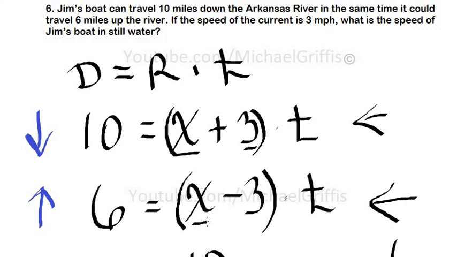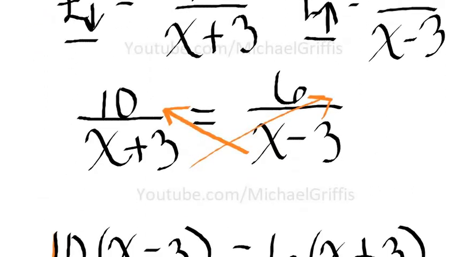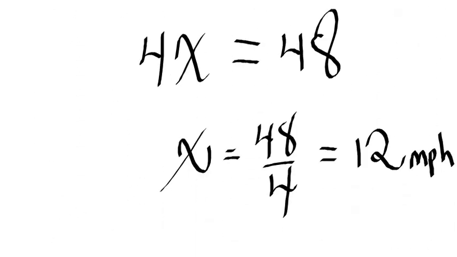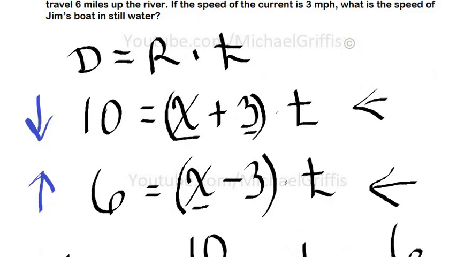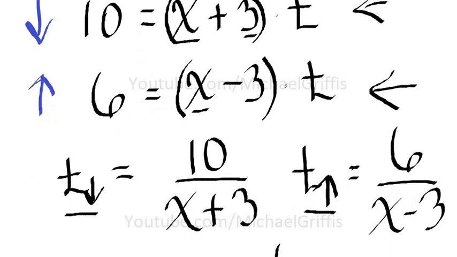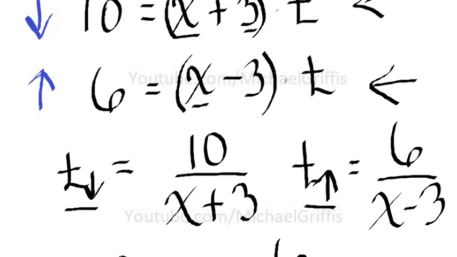He was going 9 miles per hour up the river. Now once we know that, you can solve for t if you wanted to. You can figure out how much time it took for him to go down the river and how much time it took to go up the river, if you had to.